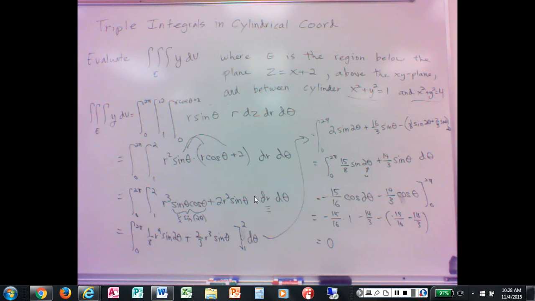So anyway, yeah, we weren't finding the volume here. We were integrating over this, so it's a little different than finding the volume. Because the volume is not 0, but we integrate this function over that region. We get 0.